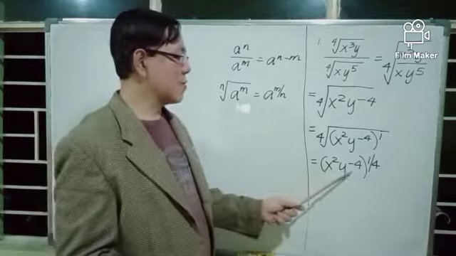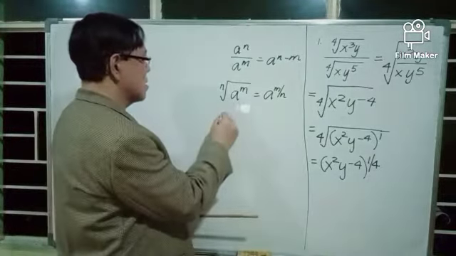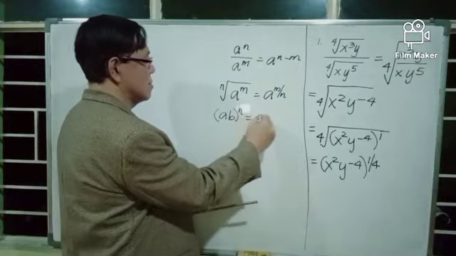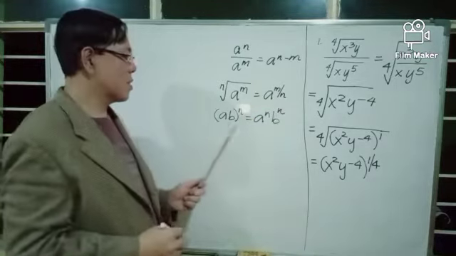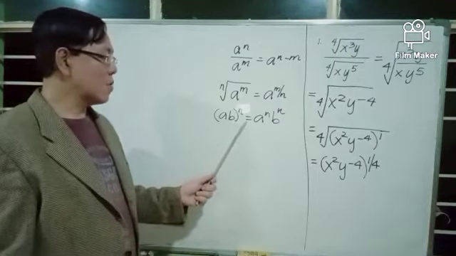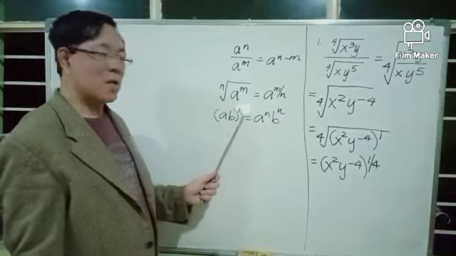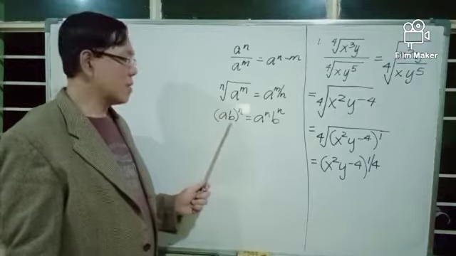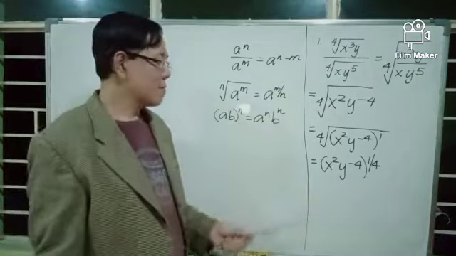To simplify this further, we apply the property of exponent that says AB raised to n. The product AB raised to n is equal to the product of A raised to n multiplied by B raised to n. Each of these factors A and B is raised to the power n and multiplied.